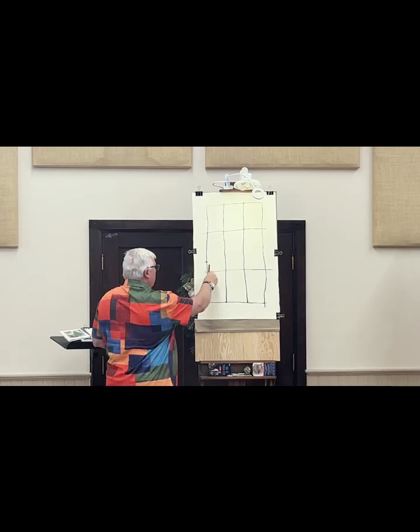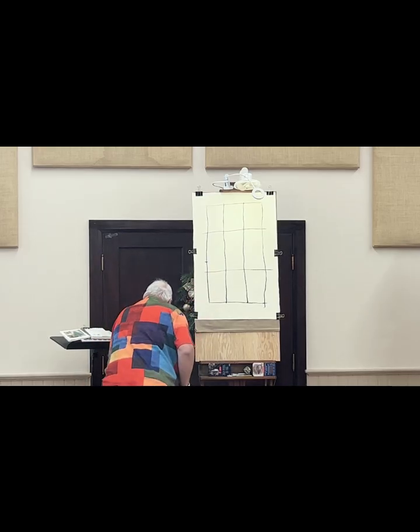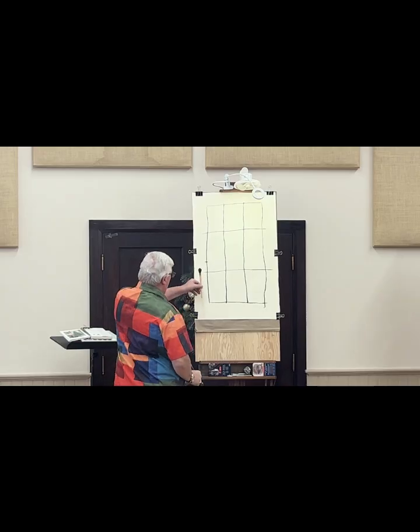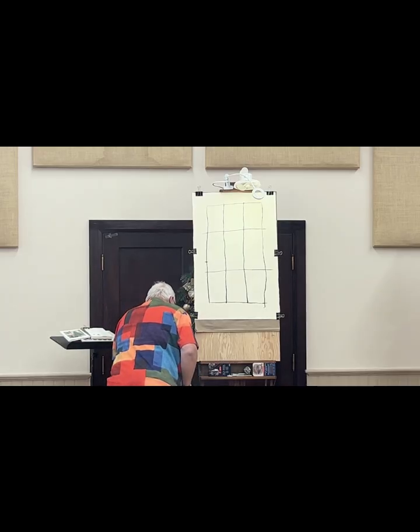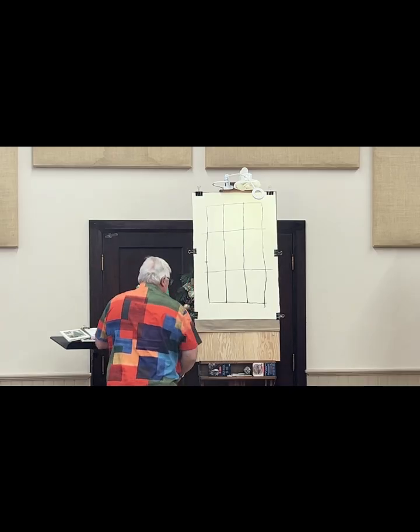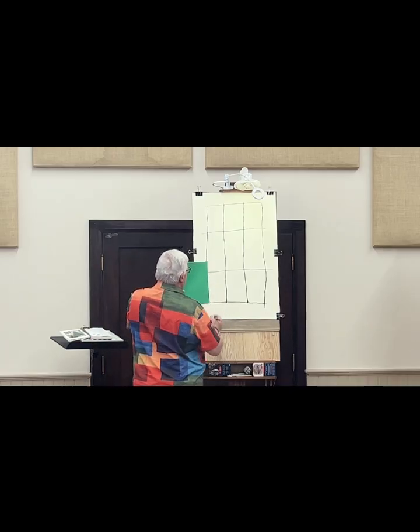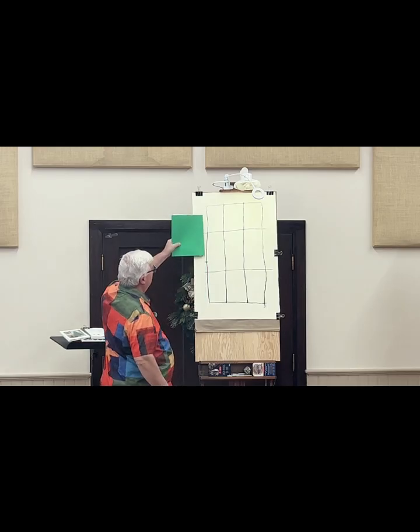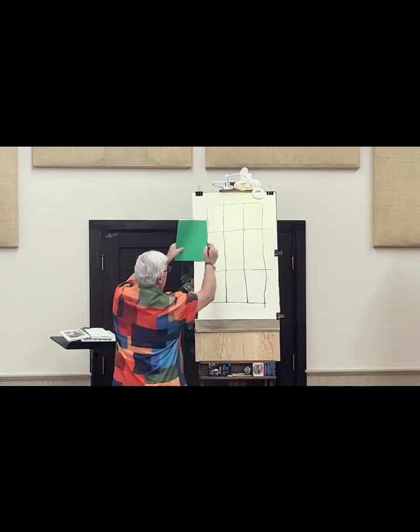And then that measurement, I don't think I have anything long enough here. Nope. Maybe I'll just put this in there. Oh, that's just about it. Look at that. And then I'm going to use that same measurement up here.